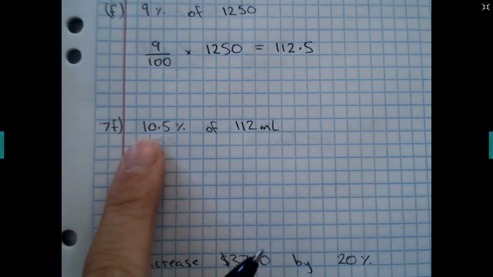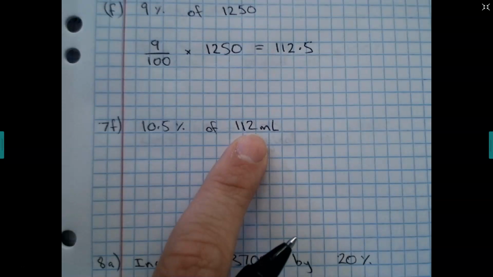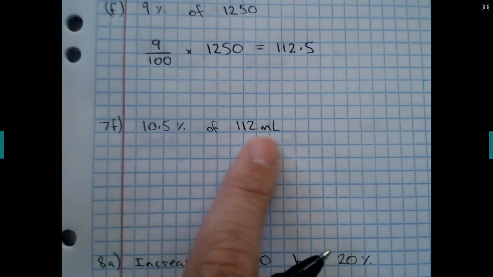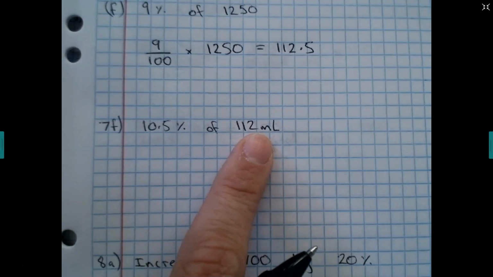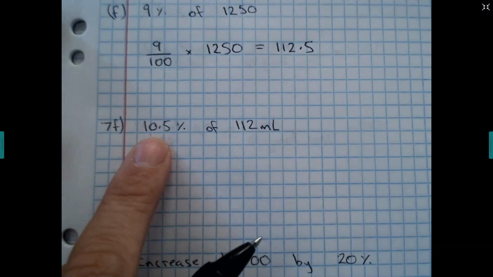This one, we want 10.5% of 112 milliliters. Now, whatever answer I determine, since the units here are milliliters, I'm going to give my answer with those units. So again, it's the same thing. Even though this is a decimal, I can still write it as a fraction.